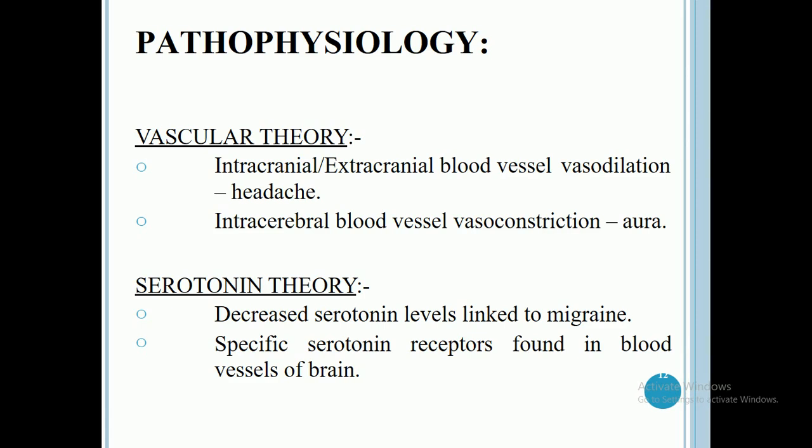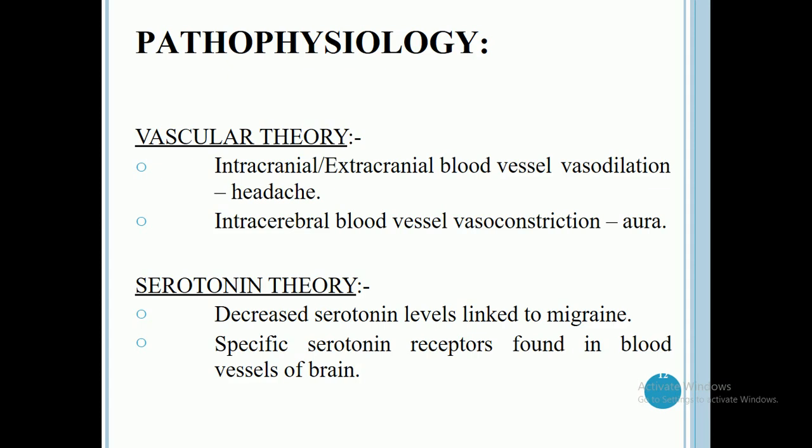Now come to the pathophysiology of migraine. Pathophysiology means how this disease is caused, how it is produced, through which mechanism it is produced. There are two theories seen here. Look at the screen. The first one is the vascular theory.